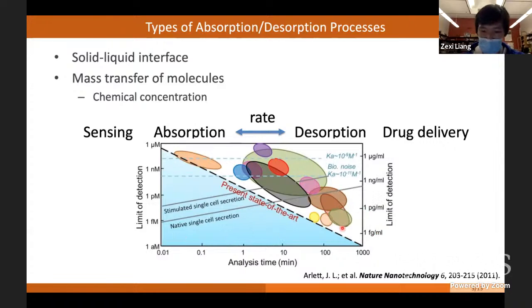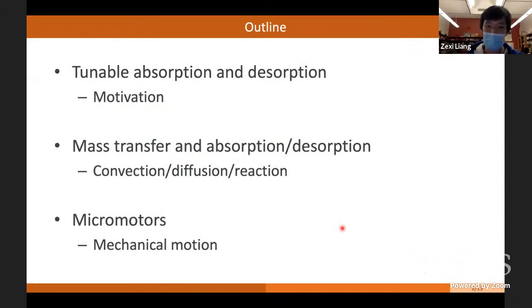This is kind of inevitable since a low concentration sample requires a longer diffusion time, or it takes a longer time for a molecule to diffuse into the vicinity of your sensing site. So this is something we want to address through our very special approach.